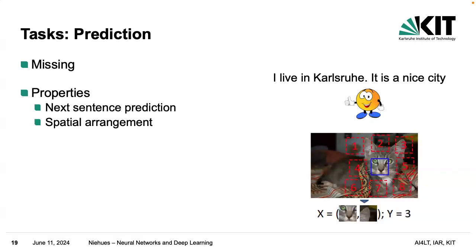Then the model has to learn that if you have this image and then see this, the relation is relation 3. So you have here a classification task with 8 possible outputs, and the model just has to learn. And from any image, you can extract this type of patch and then give it the task.